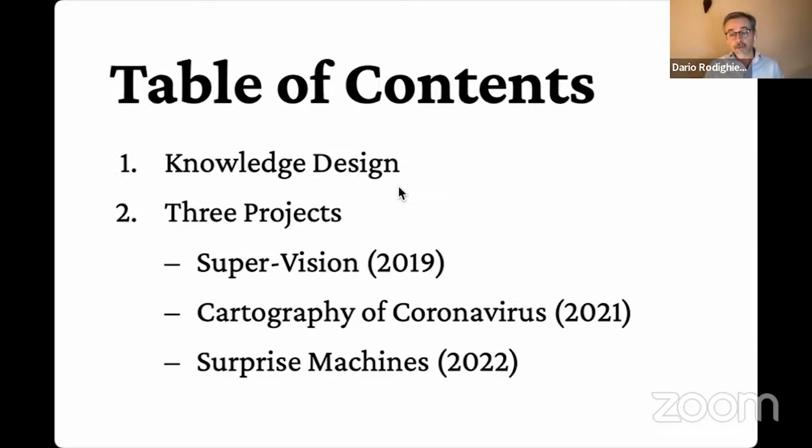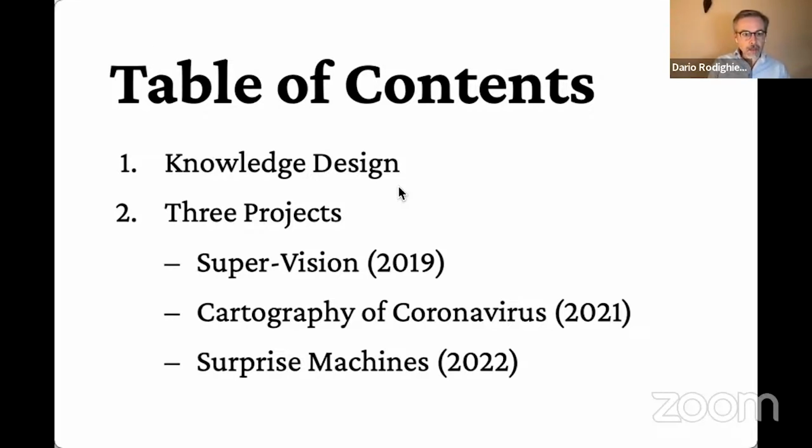The first part of my presentation is about knowledge design, and it's mainly related to my education and my professional expertise. The second part is focused on 3 different data visualization projects that took place between 2019 and 2022.